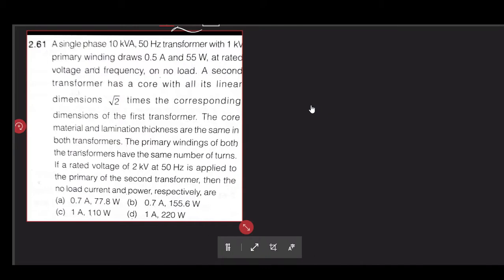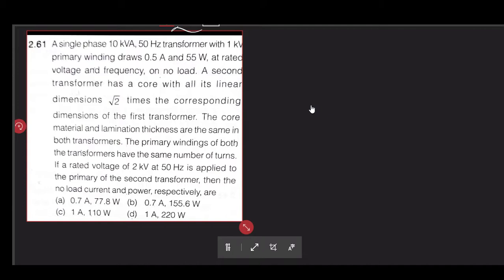The core material and lamination thickness are the same in both transformers. The primary winding of both transformers have the same number of turns. If a rated voltage of 2 kV at 50 Hz is applied to the transformer.